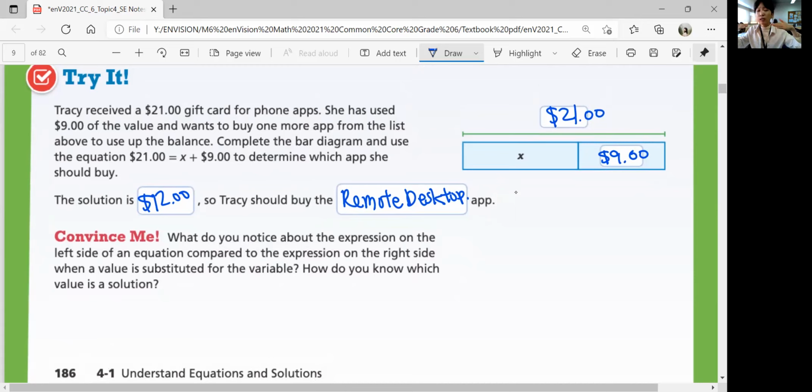Okay, an equation has to have the same balance. So the values have to be the same. They have to be equal to each other, whatever the variables are. So the expressions are either equal or not equal. The solution is a value that makes the expressions equal, or true.